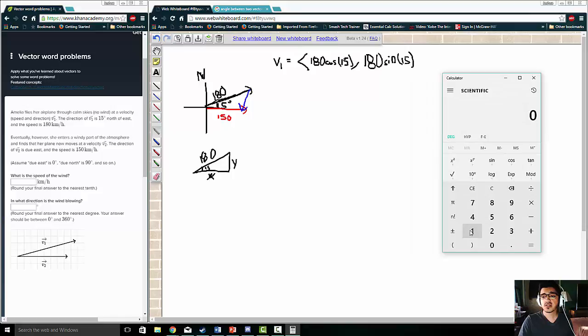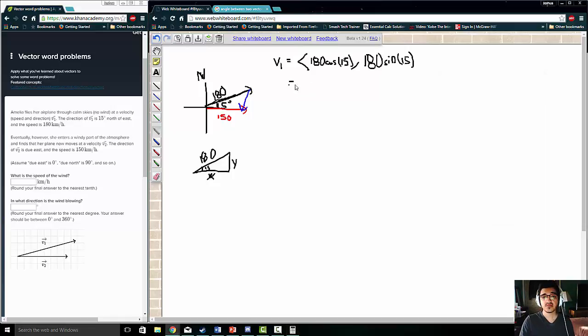So let's do 180 times cosine of 15. Whoops, that's not how that works. So 180 times 15, make that into cosine. That's what we wanted. Now we're going to equals, and that's going to give us our value. So the first vector has an x component of 173.867.